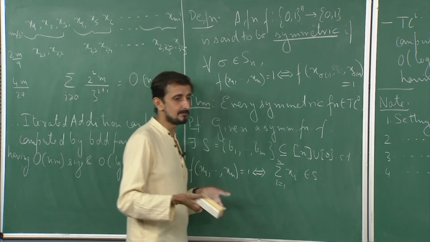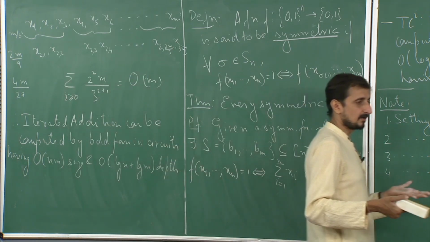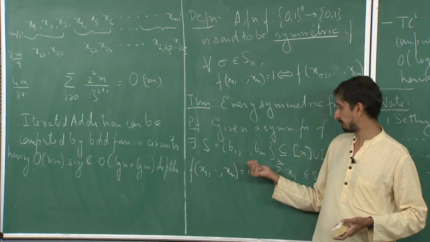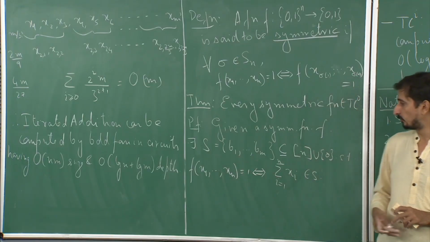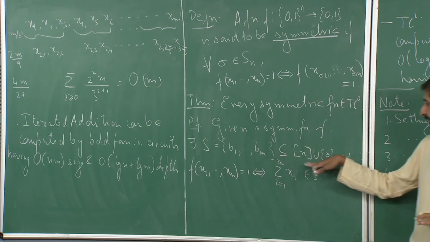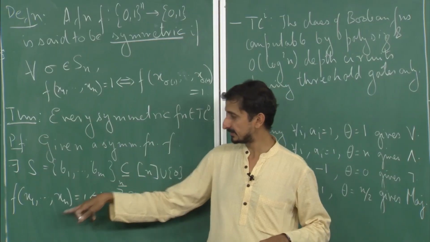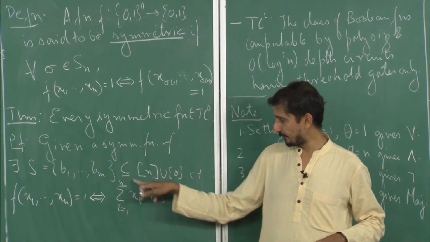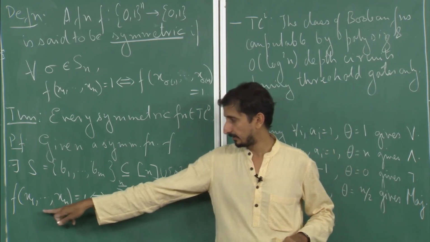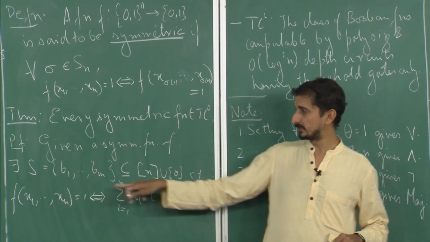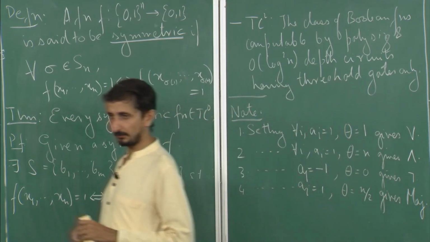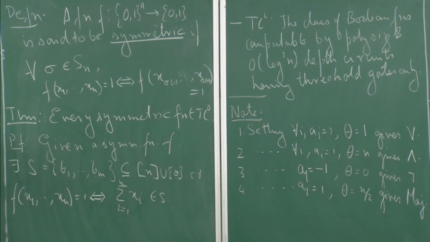Similarly, if f evaluates to 1 on some other number of ones, it must evaluate to 1 no matter how you permute them. So if I sum the number of ones in my input, that must belong to this set. Is this clear?